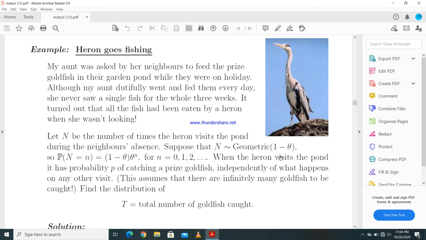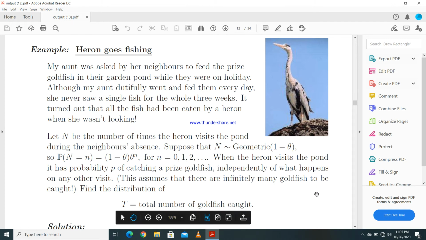So the heron is visiting the pond until the heron couldn't catch at least one fish. So that is why the number of days has a geometric distribution, right? In this case, this number of days can be equal to 0, 1, 2, likewise.